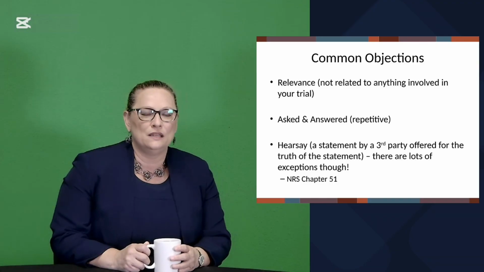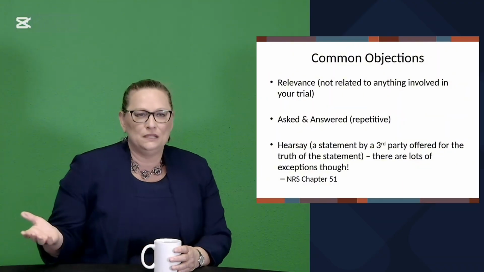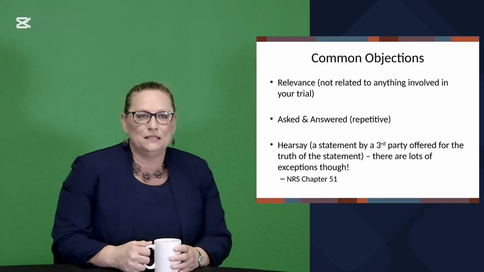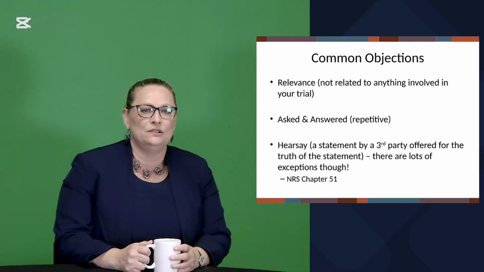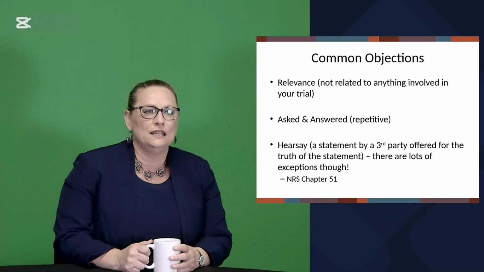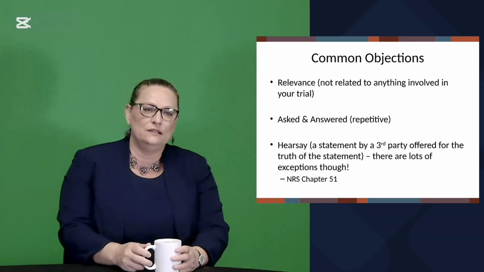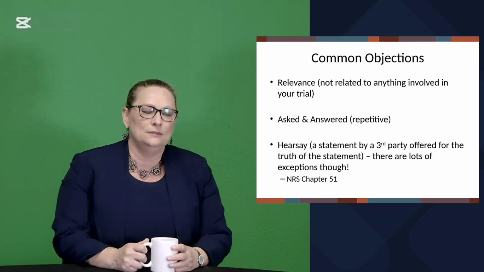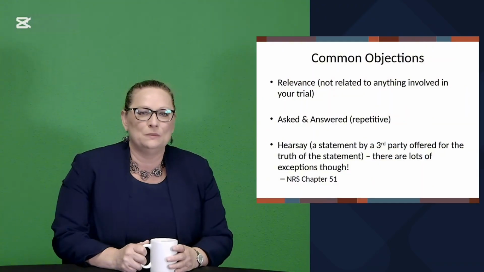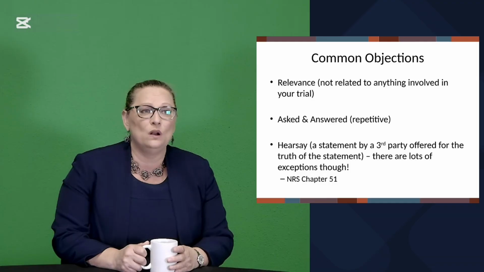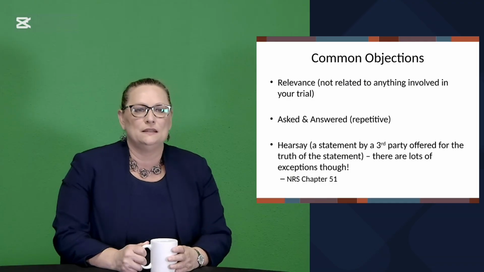There's some reason why your kid is saying something negative about you, and so you want the judge to know my kid is saying negative things about me, probably because the other party is prompting them to say them. That would be why you would want to offer it. So you're not offering it because it's true. You're offering it because there's got to be some reason why my kid is saying these things that are not true. And so that's where hearsay gets a bit tricky, in when it's hearsay or when there's an exception to it. And the rule for hearsay is under NRS Chapter 51, where you can look up the specifics on that.